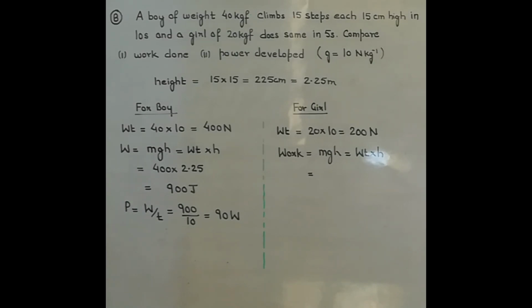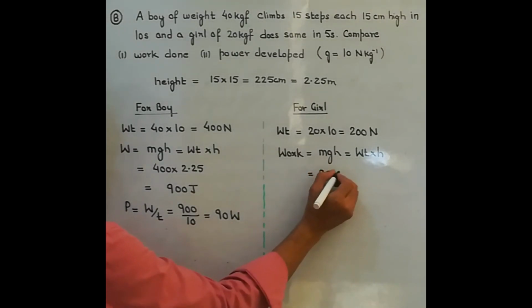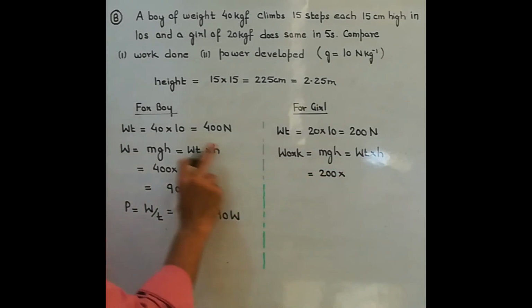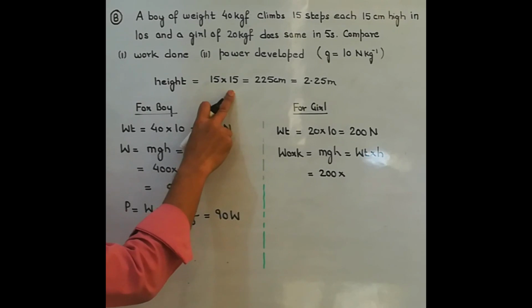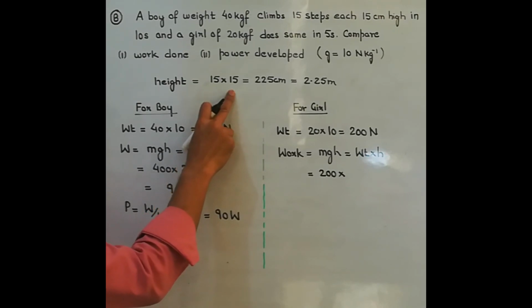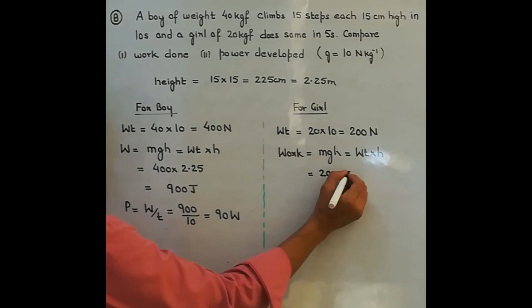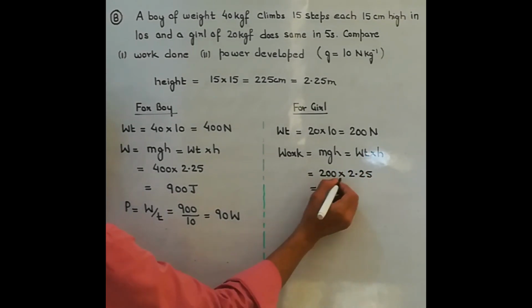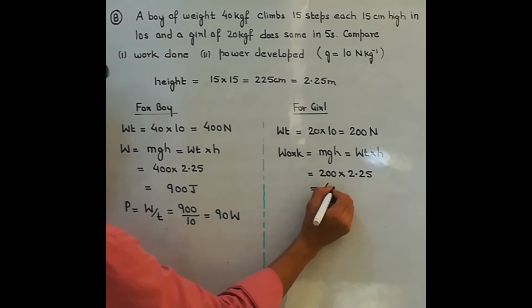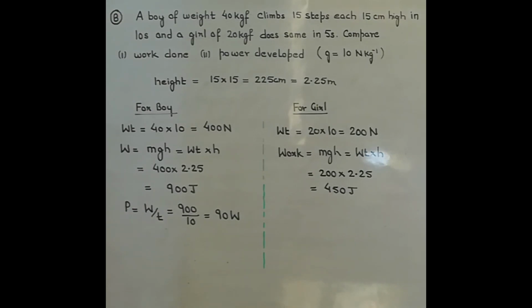So how much is the weight of the girl? 200 into height. Now the girl also does the same ascending, that means she also climbs 15 stairs of 15 centimeters, so 2.25. So that is the work done by the girl.